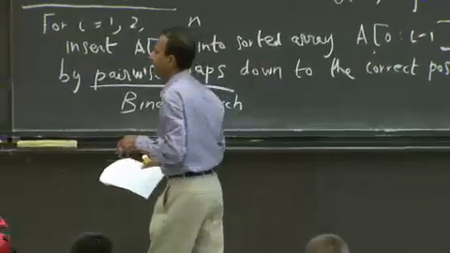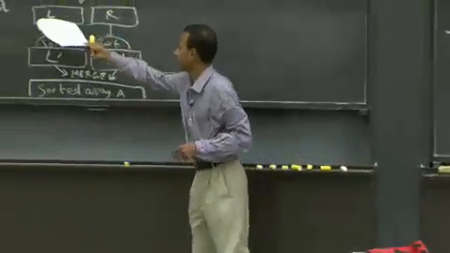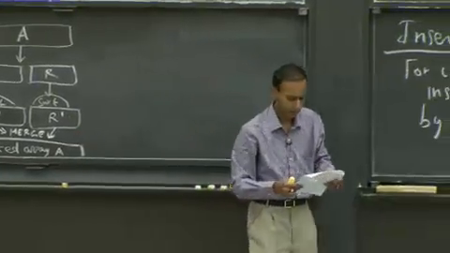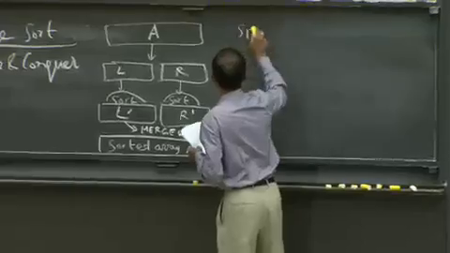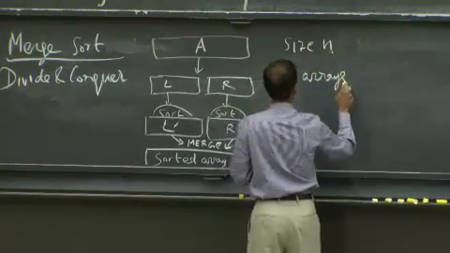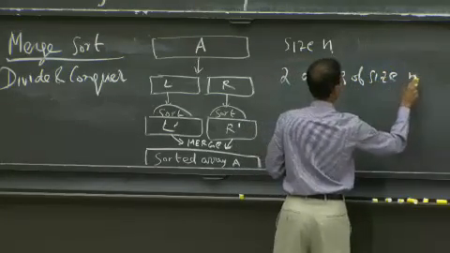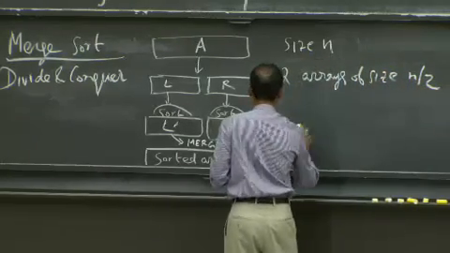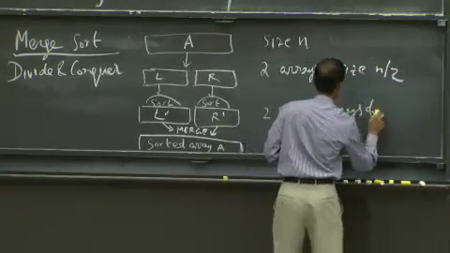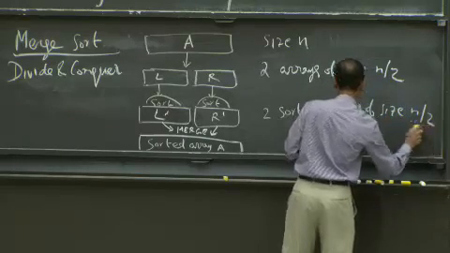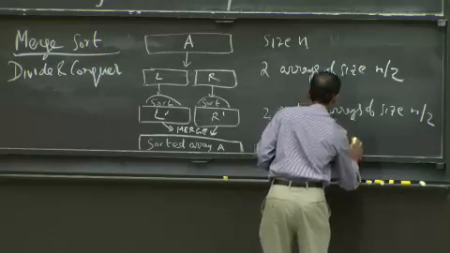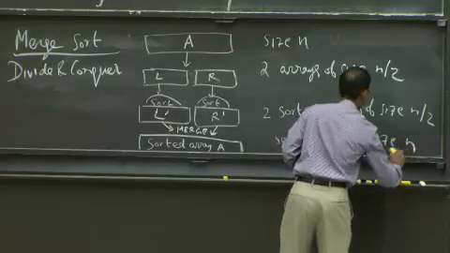At the top level, you split into two and do a merge and get the sorted array. The input is of size n. You have two sorted arrays of size n over 2. And then finally, you have a sorted array of size n.